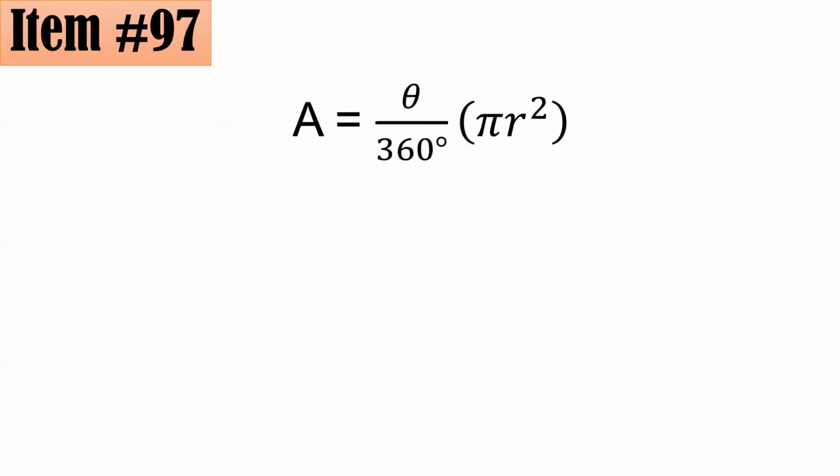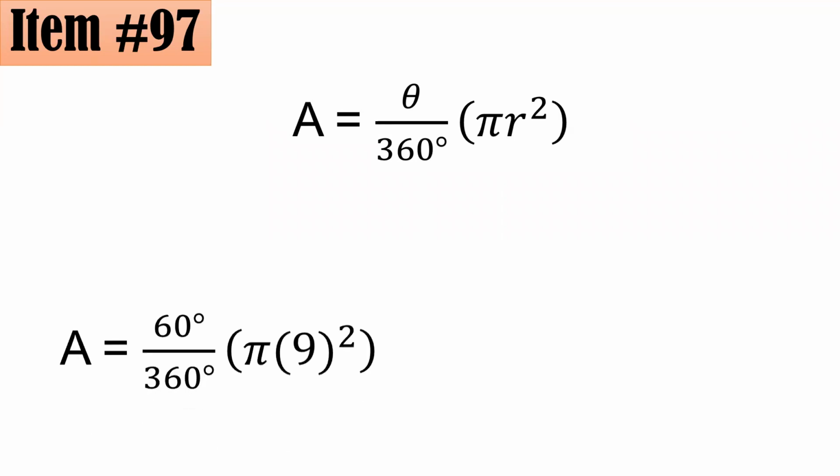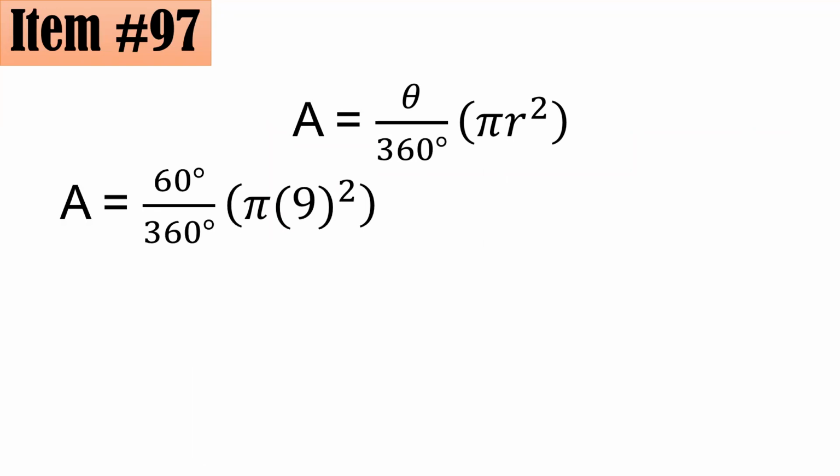Let's see. So from here, we know that the formula for the area of a sector is equal to theta over 360 degrees, where your theta is the central angle in degrees, times pi r squared, where r is your radius. Since by substitution, you have A equals 60 degrees over 360 degrees times the quantity pi times 9 squared.